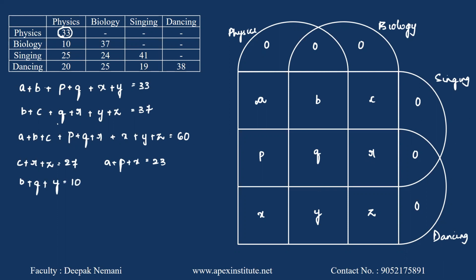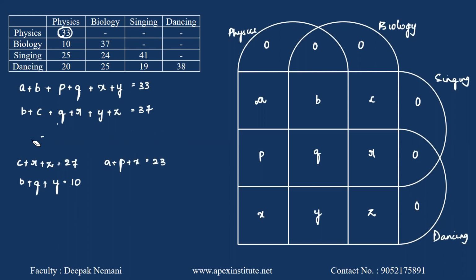Now I have three equations in terms of C, R, and Z; A, P, and X; and B, Q, and Y. So you have 23 teachers who teach only physics, 27 teachers who teach only biology, and 10 teachers who teach both physics and biology. Clear? So we have three equations.